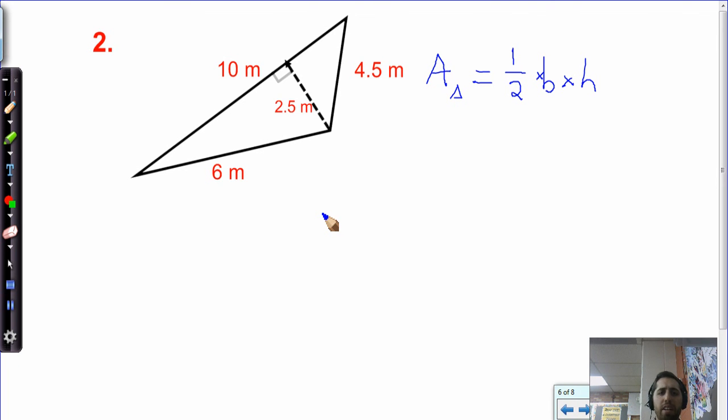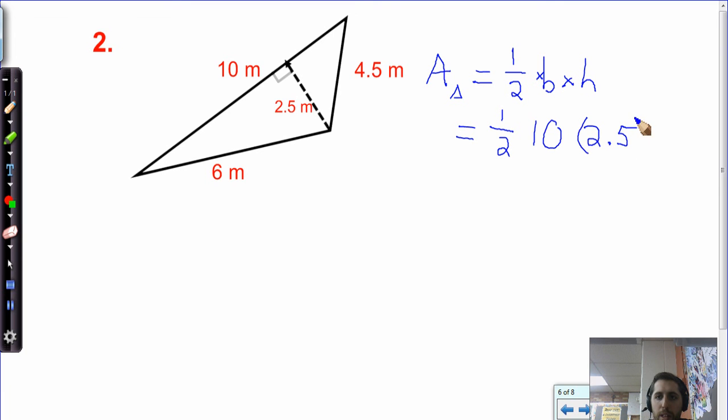And you'll see that the base has to be 10 meters. It's not always at the bottom, it's not always at the top. It's wherever the perpendicular is coming from, and we can see this right angle shows us this is a perpendicular. So the height was easier to pick out probably, and it's 2.5 meters, and our base though is 10 meters.